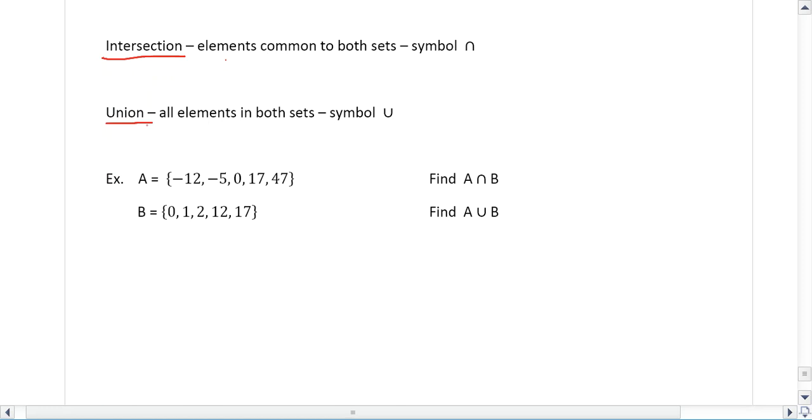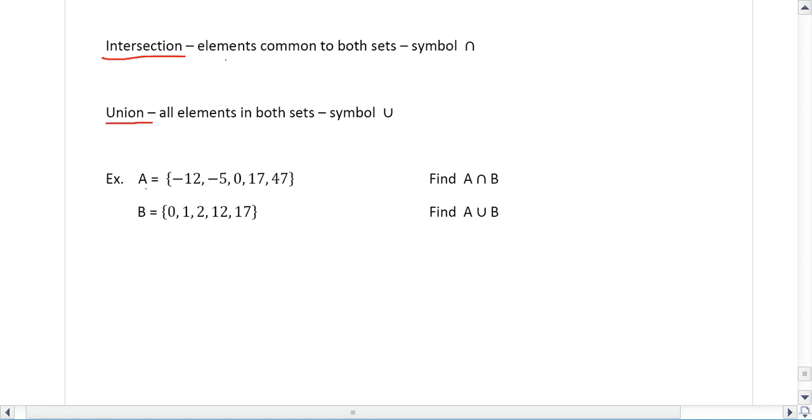Union, however, when you're finding the union of 2 sets, you want all the elements in both sets. So kind of just picture yourself dumping the 2 sets together and forming the union, including all of them. The symbol for union looks kind of like a capital U, and then the symbol for intersection is the upside down of that, so kind of like an upside down U.